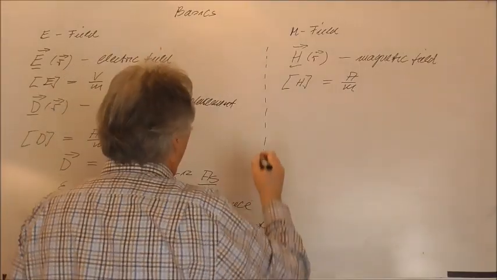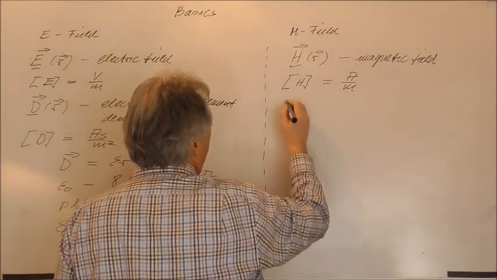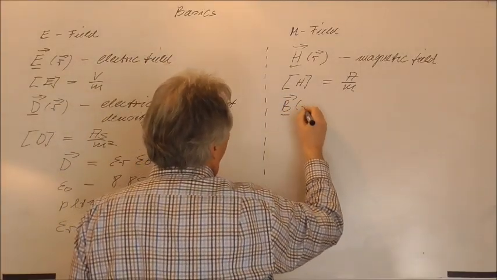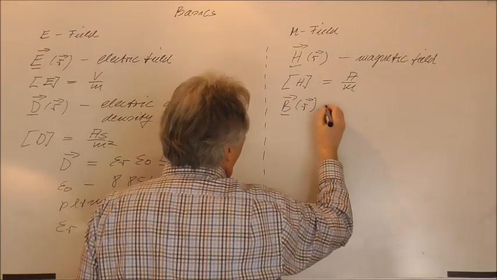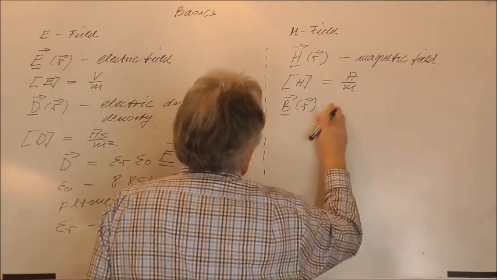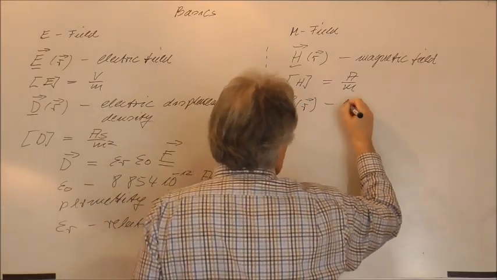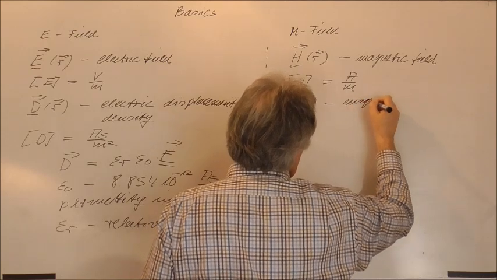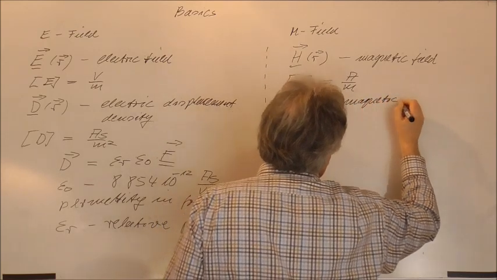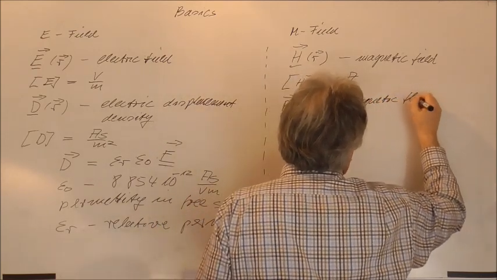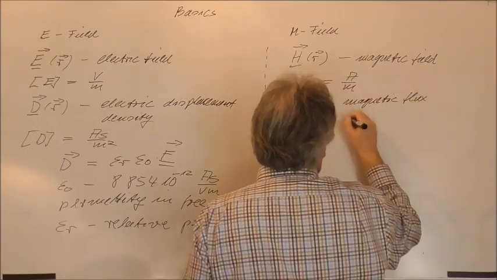Beside this field we have the B field, which is called the magnetic flux density.